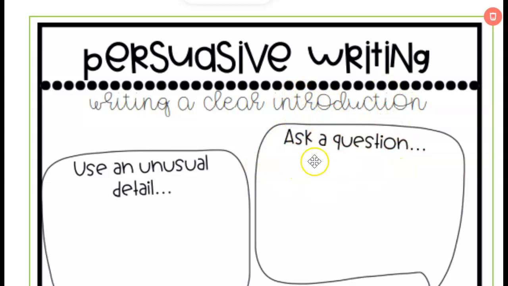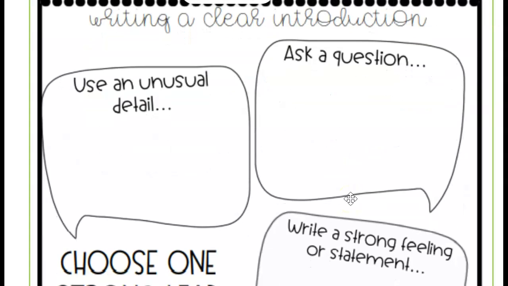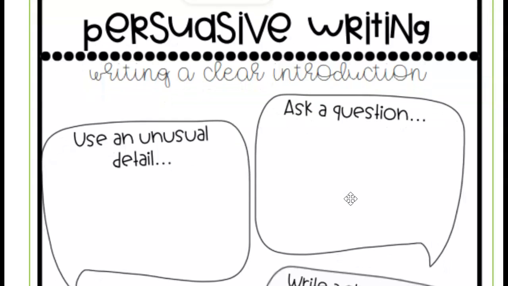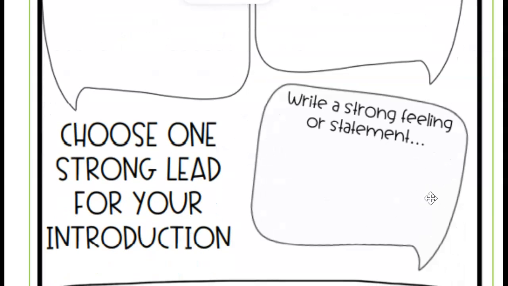Ask a question. Have you been wanting to work out some more? Or maybe, have you been wanting a small pet? Or have you been feeling a little lonely when you're home alone? Well, a pet could help.